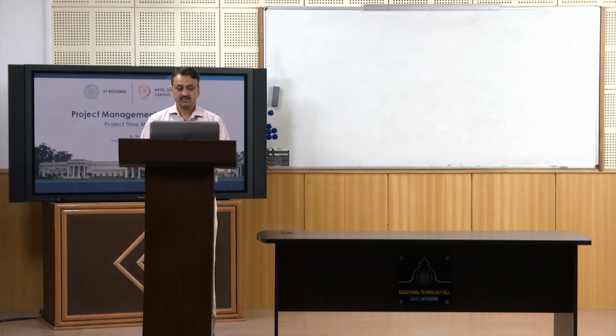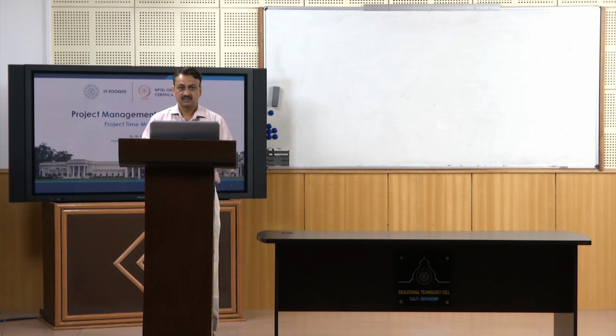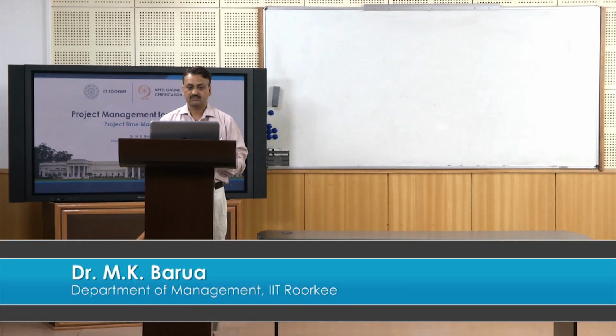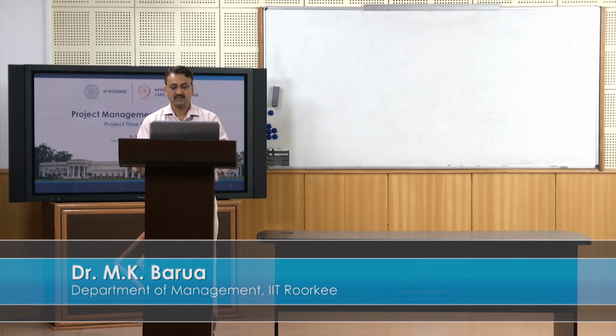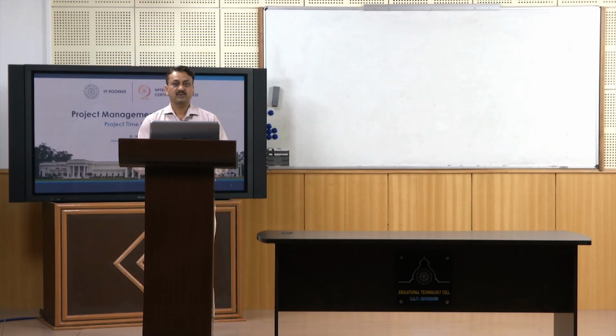Burst activity, from one node there are several activities coming out. Then you have got node, of course I have told you what is node, and path is nothing but this. So, you can have a critical path. I will tell you what is the meaning of critical path in a project. So, with this let me stop here.